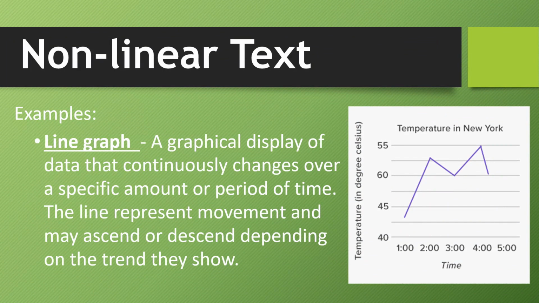First one we have line graph. It is a graphical display of data that continuously changes over a specific amount or period of time. The line represents movement and may ascend or descend depending on the trend they show.